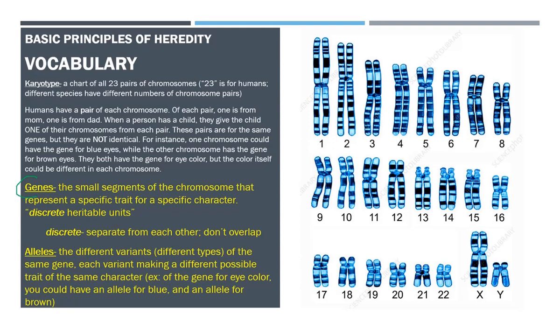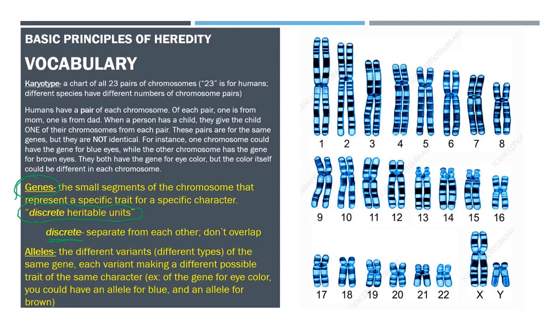So genes are the small segments on the chromosome, and they represent a specific trait for a specific character. And I think in your textbook, the definition for genes is discrete heritable units. And discrete, in this case, just means that they're separate from each other.